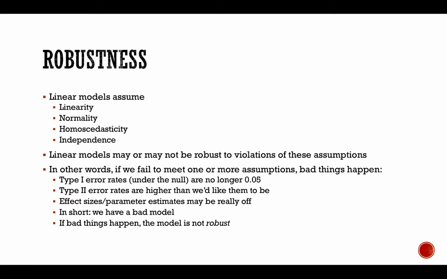Well, that's a problem. Type 2 error rates are higher than we'd like them to be. And effect sizes and parameter estimates may just be really off. So in short, we have a bad model. And if bad things happen, the model is not robust. So we have a model that assumes these things. We violate those things. If our model ain't robust, we're going to have some problems, see?